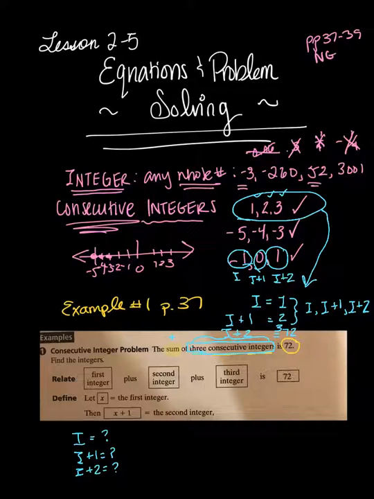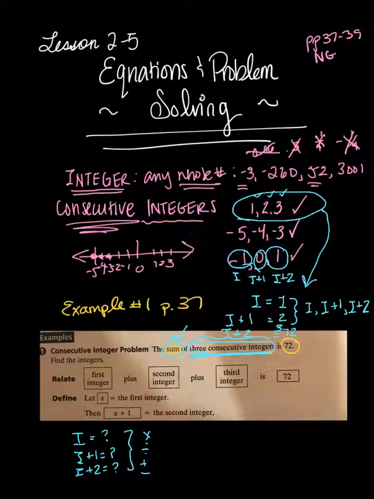And I want to know what these equal. I'm looking at the sum of 3 consecutive integers. So am I multiplying, dividing, adding, or subtracting them? Well, go back to the language: the sum of.